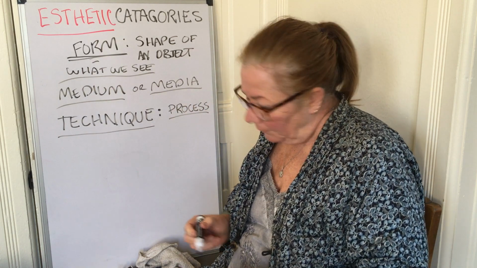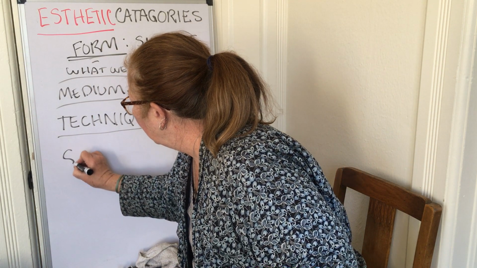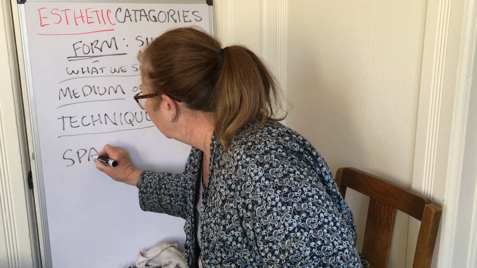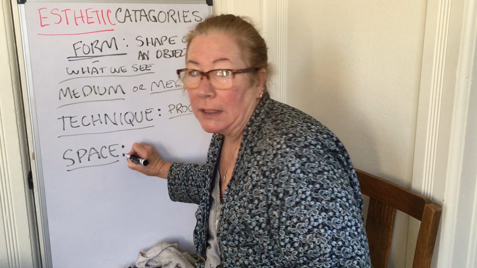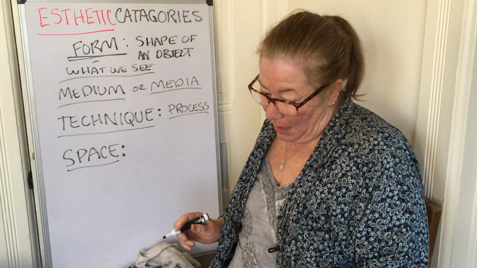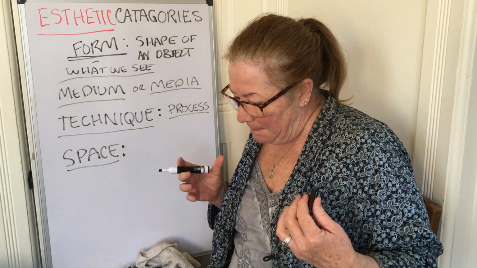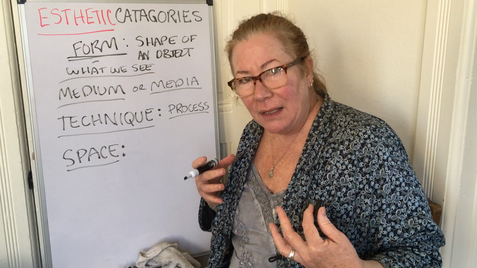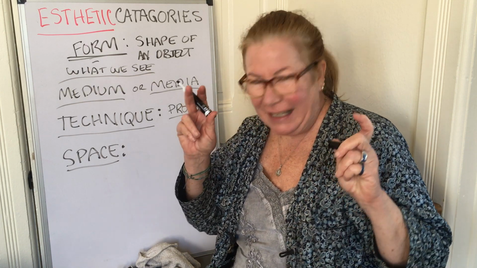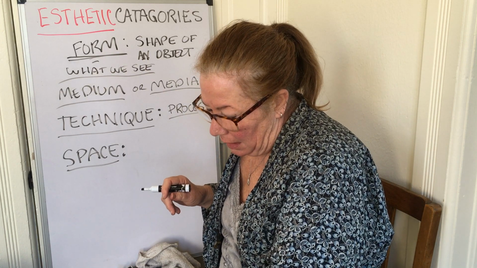Right? So the next word is space. The final frontier. But that's only if you're Star Trek fans, right? So space is the boundaries, we'll say the container of objects.